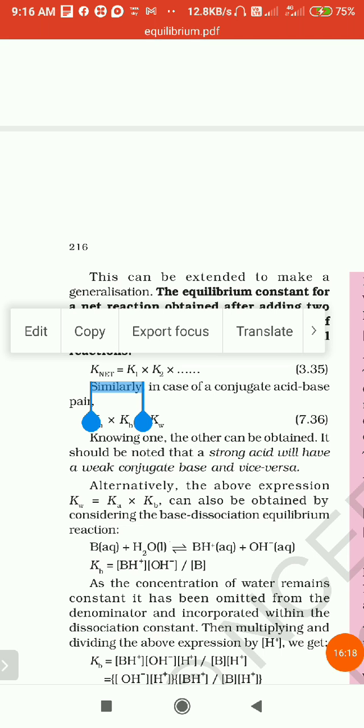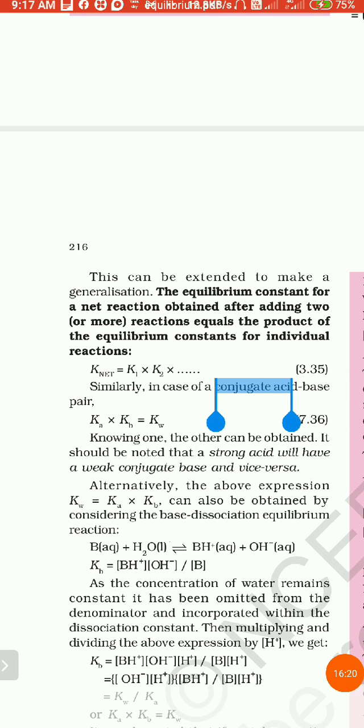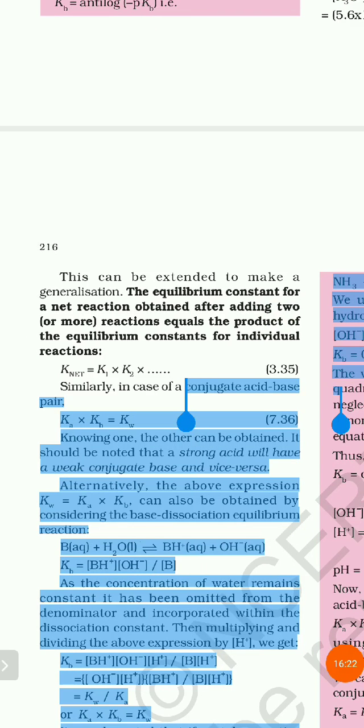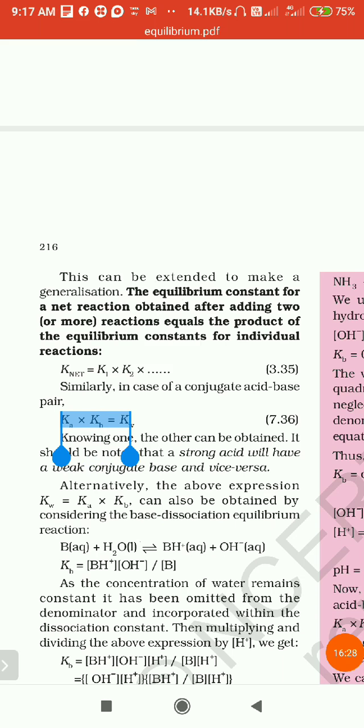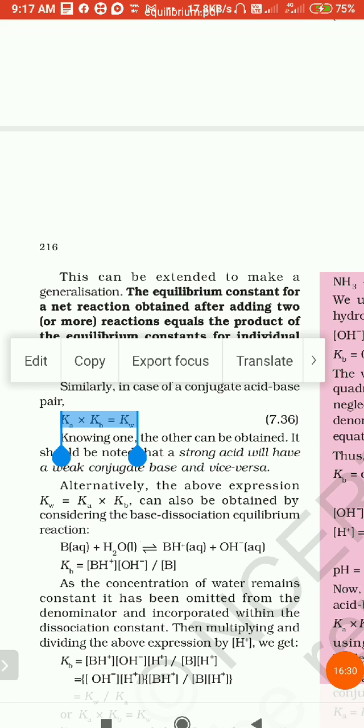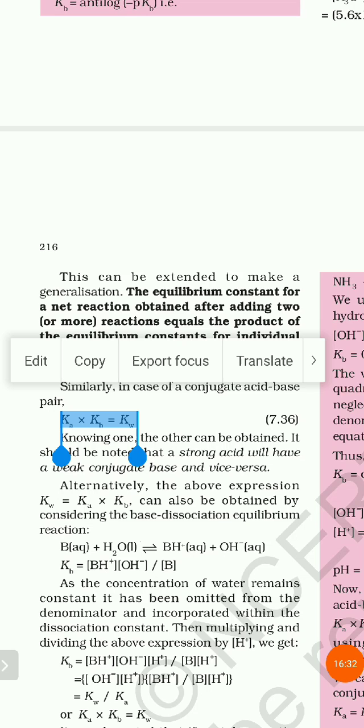Similarly, in the case of a conjugate acid and conjugate base, the product of both values will be equal to the dissociation constant for water, Kw.